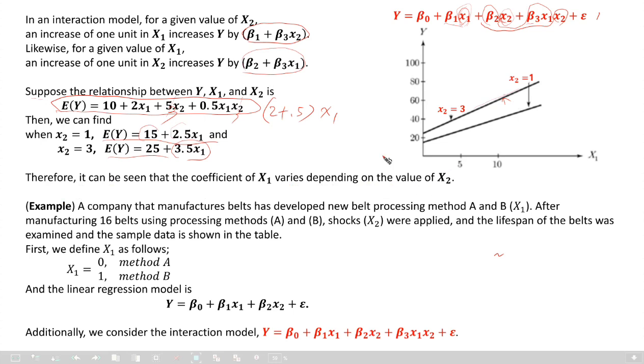Sometimes the interaction model is more reasonable to represent the data. Here is another simple example.